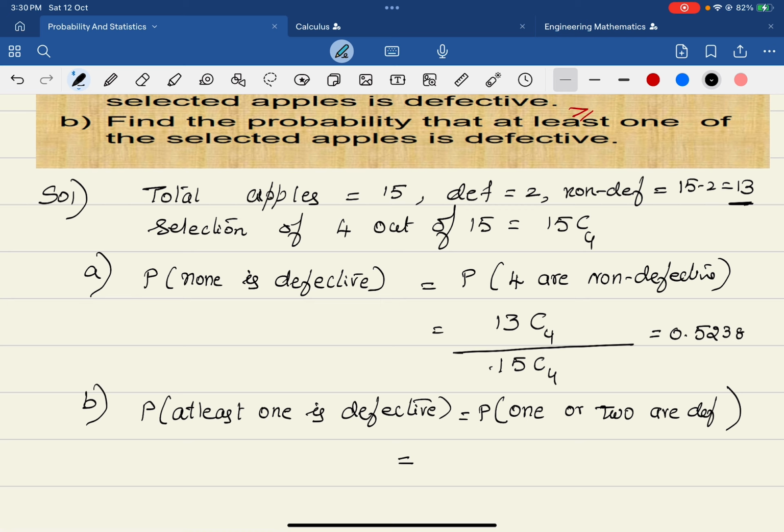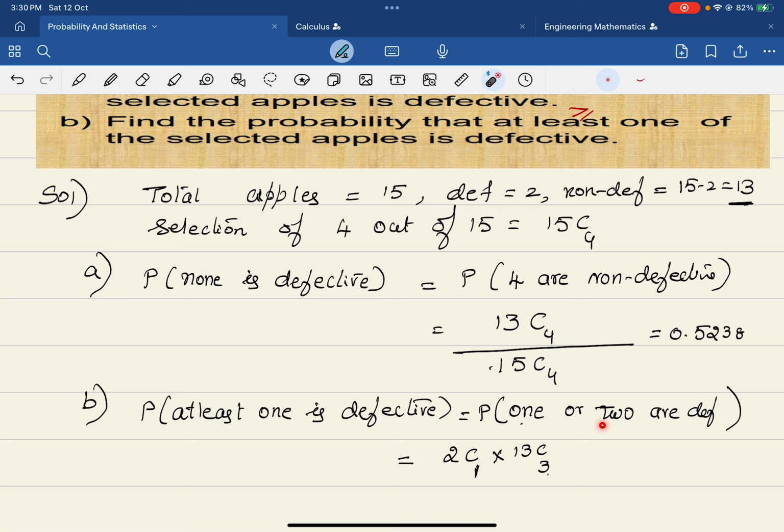So suppose it is 1, then it is 13C... now defectives are how many? Either 1 or 2. So defectives are 2 now, right? Out of 2 you are going to select 1. So that is 2C1. Now totally you have to select 4, right? The remaining should be selected from non-defective, that is 13C3, correct? Totally you have to select 4. Out of them, 1 defective can be selected from 2 defectives in 2C1 ways.